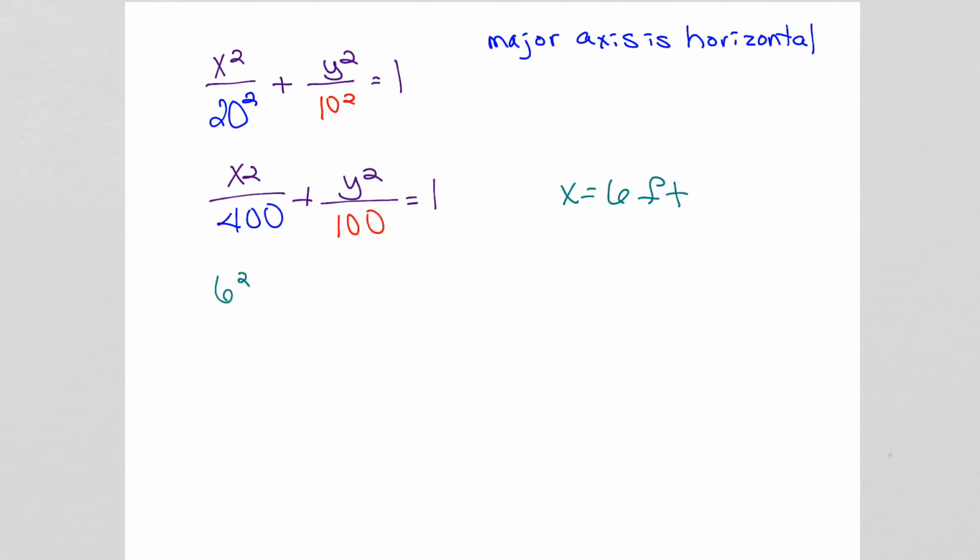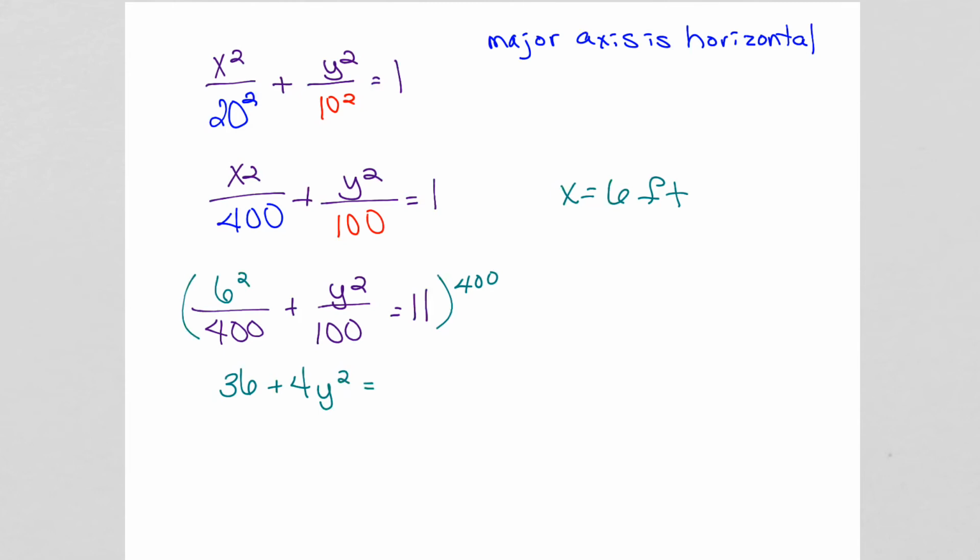So 6 squared over 400 plus y squared over 100 equals 1. How am I going to solve this? The easiest thing to do is to start by multiplying everything by 400. So 6 squared is 36, and we've got nothing left on the bottom. If we multiply y squared over 100 by 400, 400 divided by 100 is 4, so that's 4y squared.